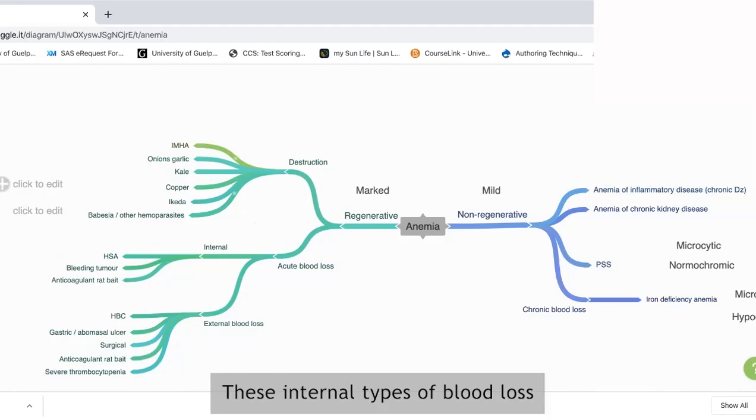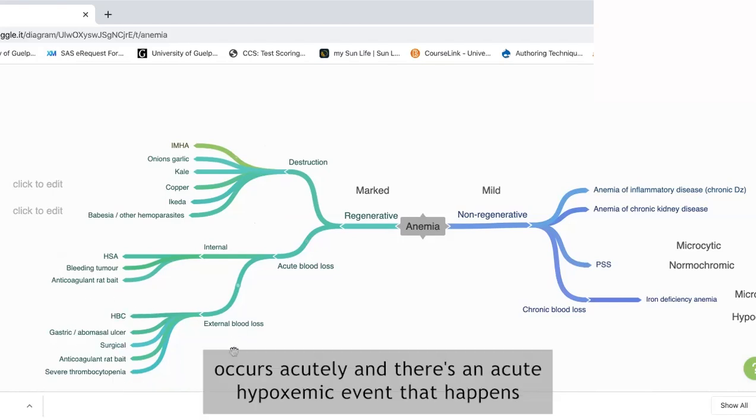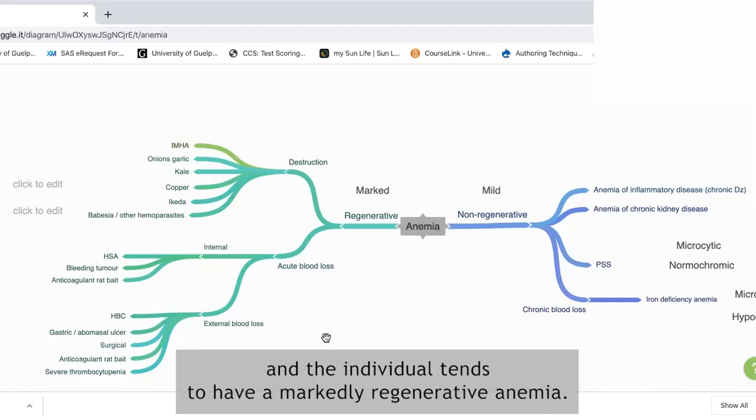These internal types of blood loss tend to be very regenerative. External blood loss is also very regenerative because it occurs acutely, and there's an acute hypoxemic event that happens, and the individual tends to have a markedly regenerative anemia.